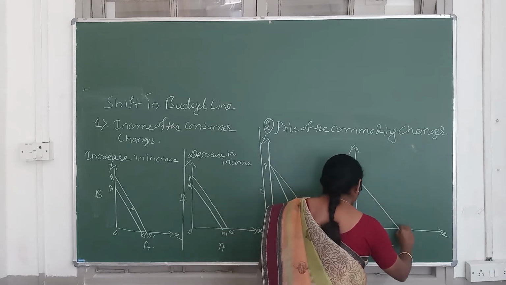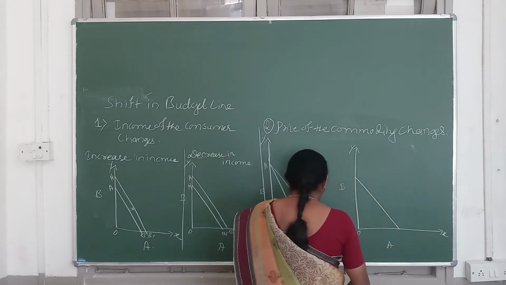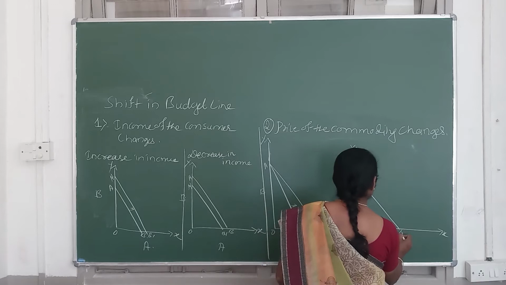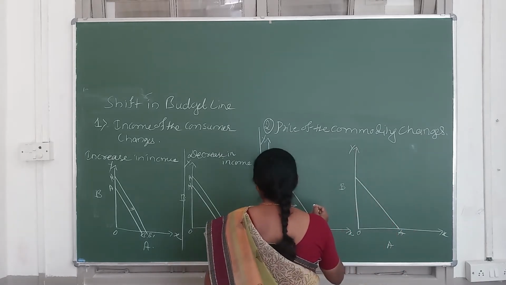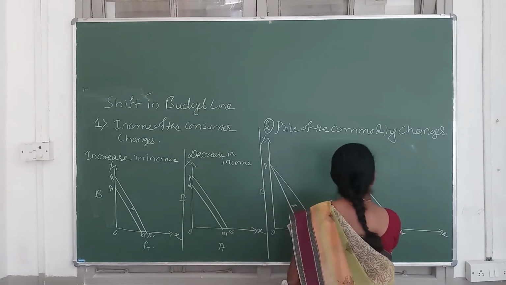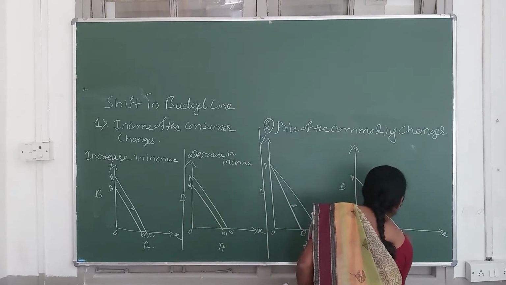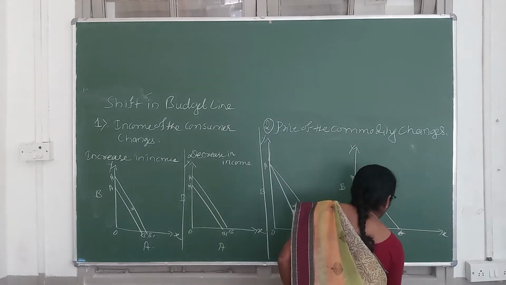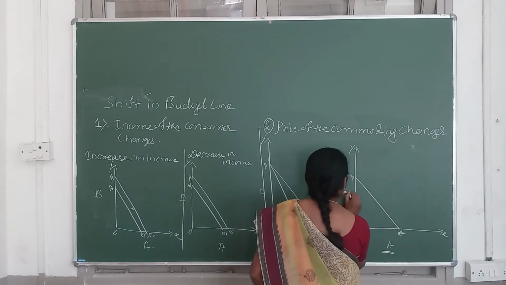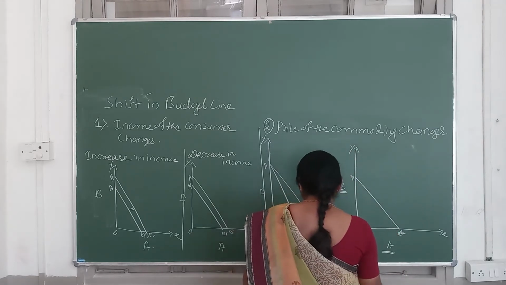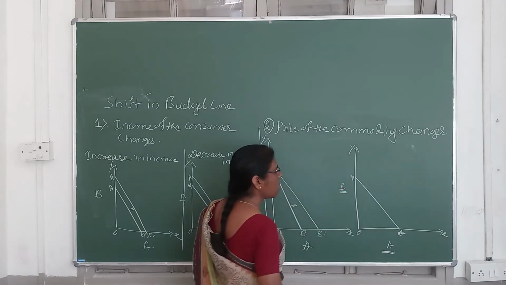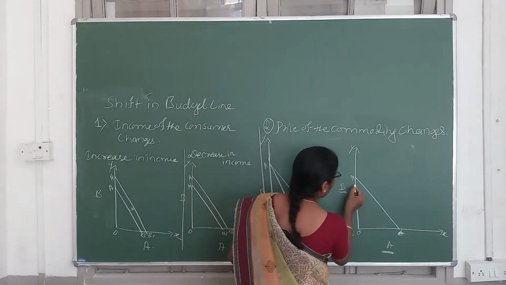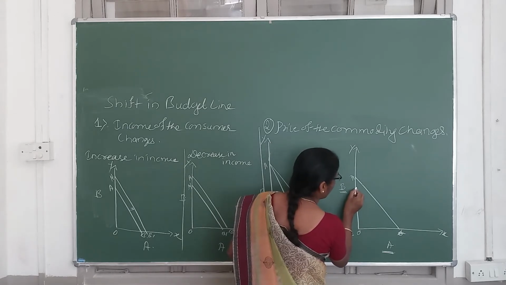So this is our budget line AB. Apple is considered here, banana is considered here. Suppose the price of banana increases, definitely we purchase less of banana.